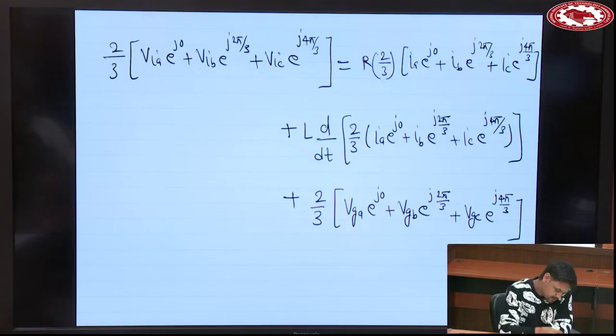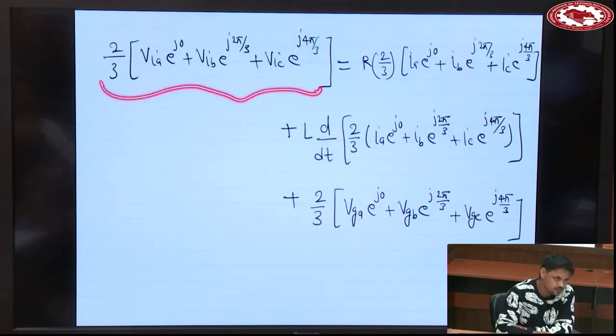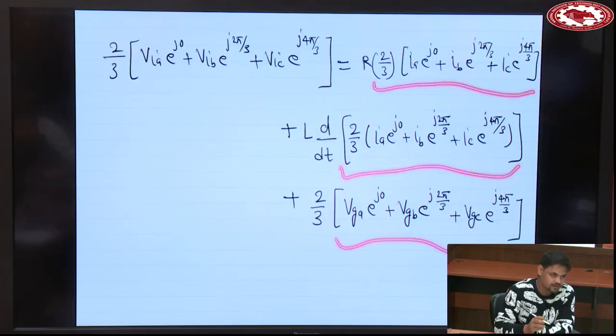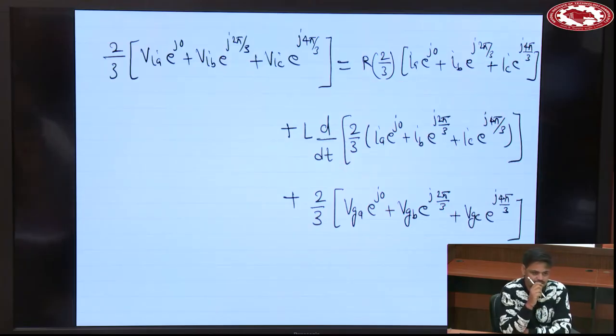What do you think? You have seen this type of term somewhere? What is this? Something from the very first session: space vector. This is the definition of space vector. For 3 signals XA, XB, XC, the space vector is defined as 2 by 3 times XA e^j0 and so on.